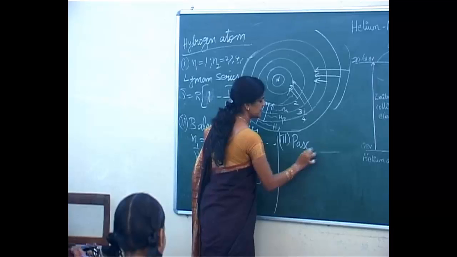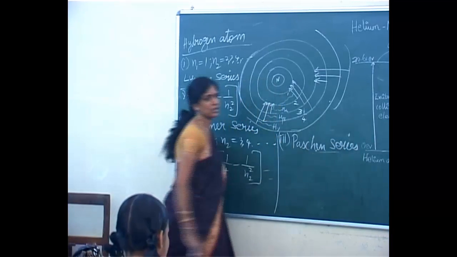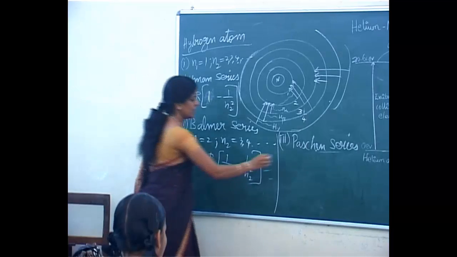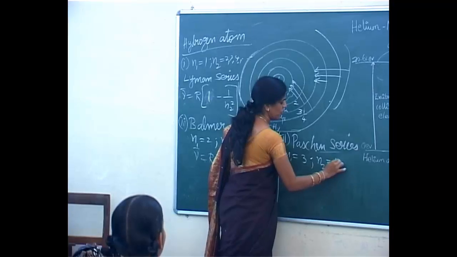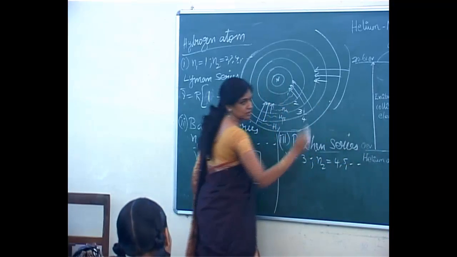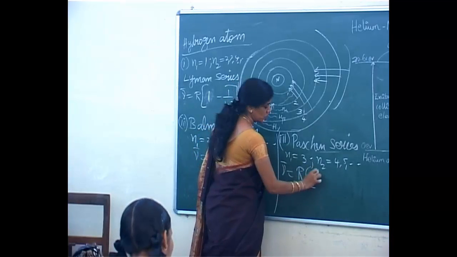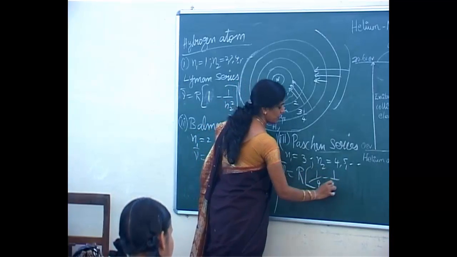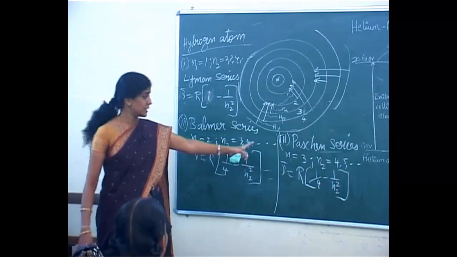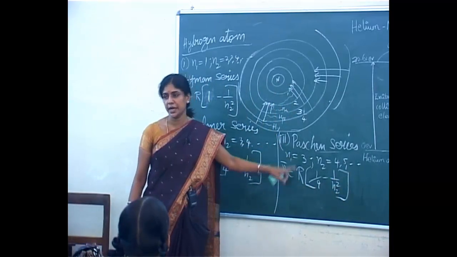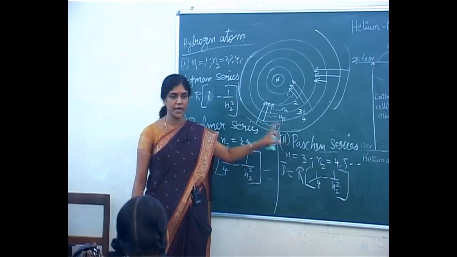Here n1 is 3, n2 4, 5, it goes on like this. Wave number formula R into 1 by 9 minus 1 by n2 square. Clear? This spectral series will be visible in the infrared region.